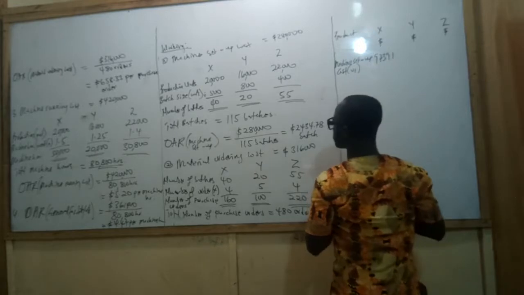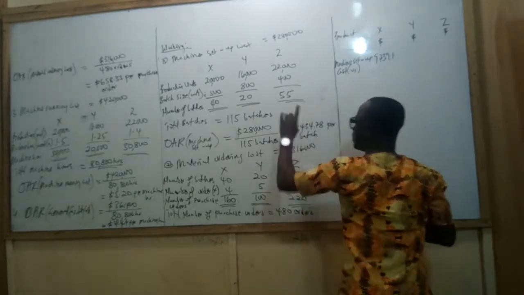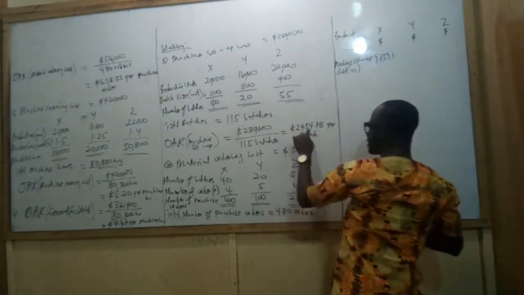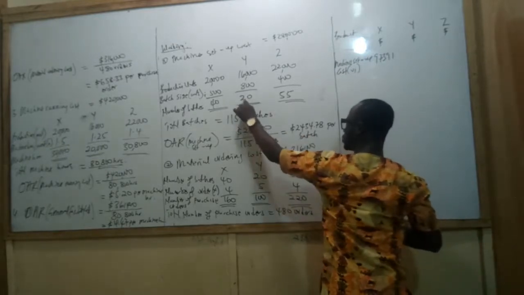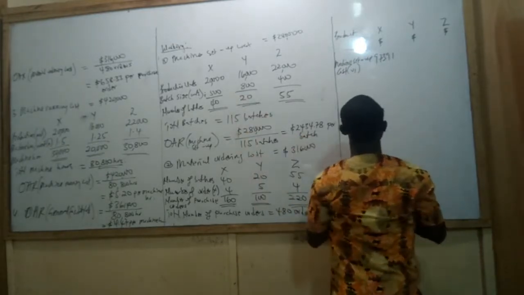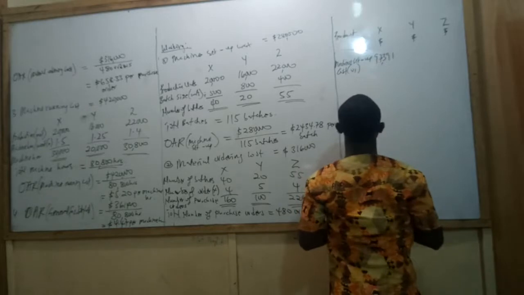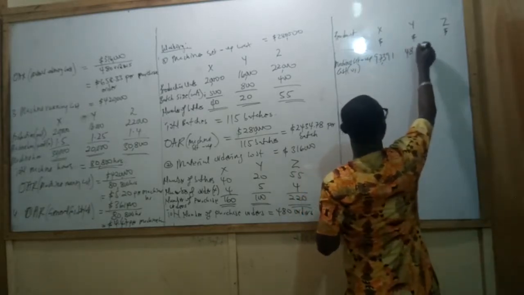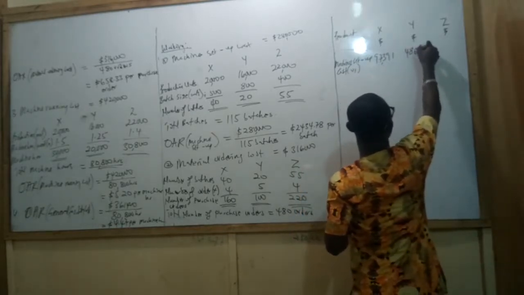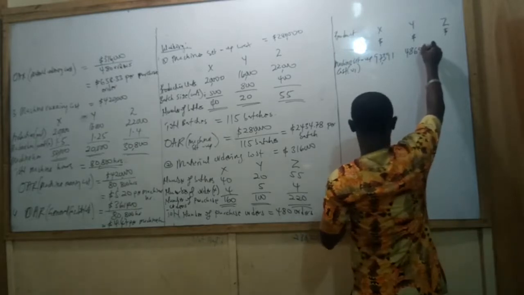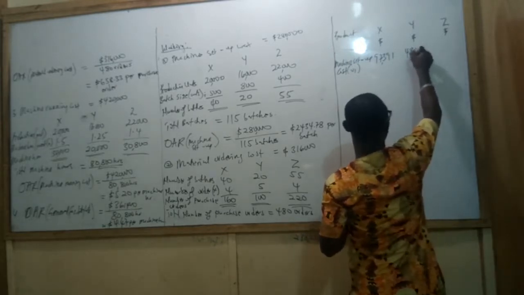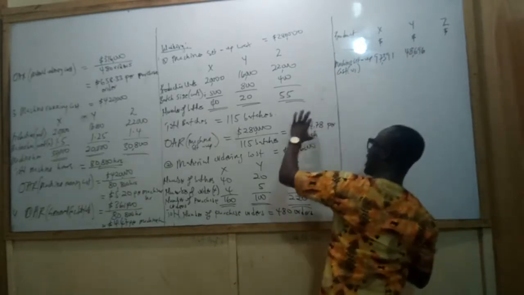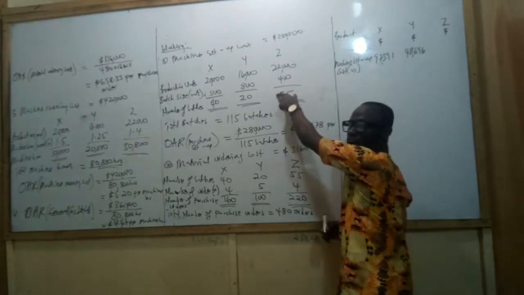So we can ignore that. Then for Y, the same figure times what? 20. Go for it. 48,695.6. So we could say 696, right? The same figure times 55.